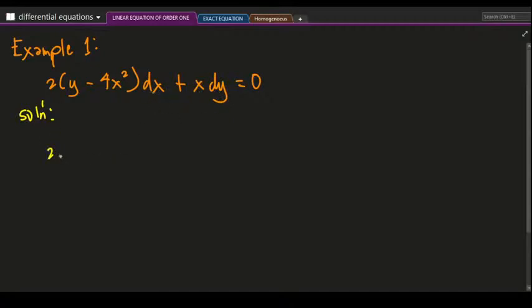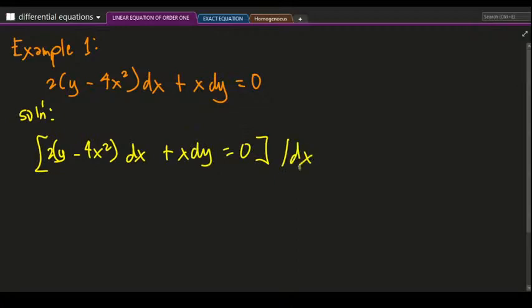Just copy first the original equation, 4x squared dx plus x dy is equal to 0. Then divide both sides by dx so that we could have dy/dx. So we will have 2y minus 4x squared, the dx are already cancelled, so we have x dy/dx is equal to 0.